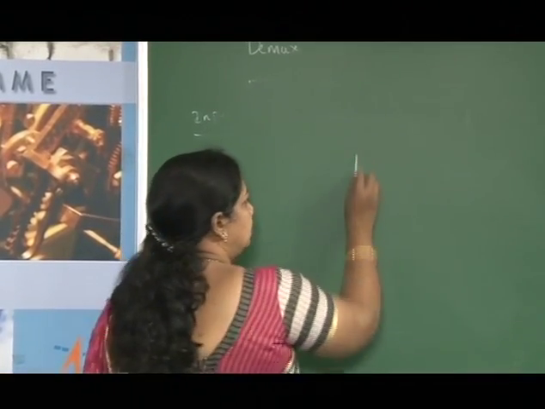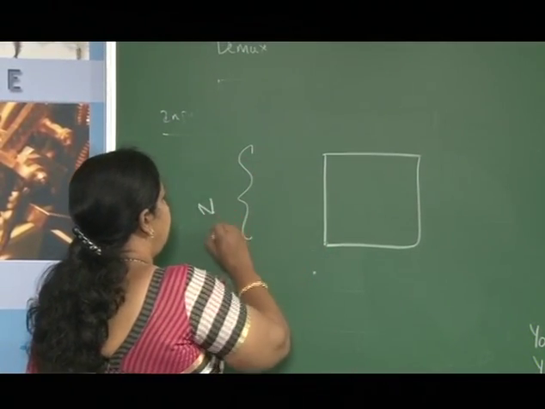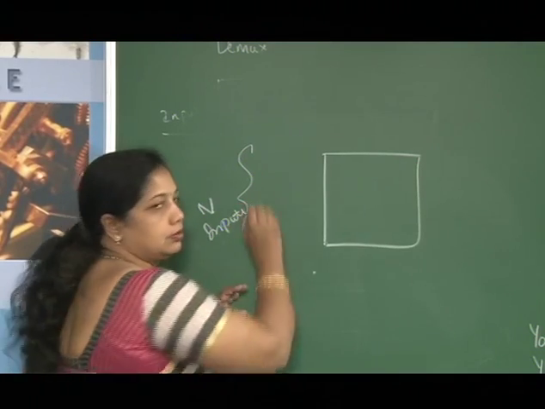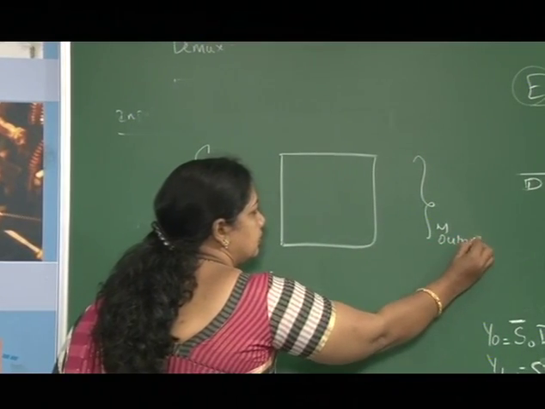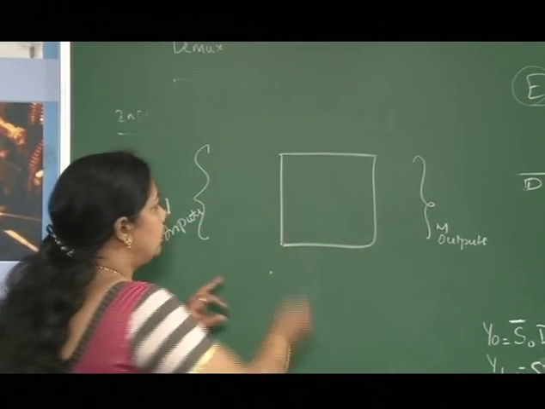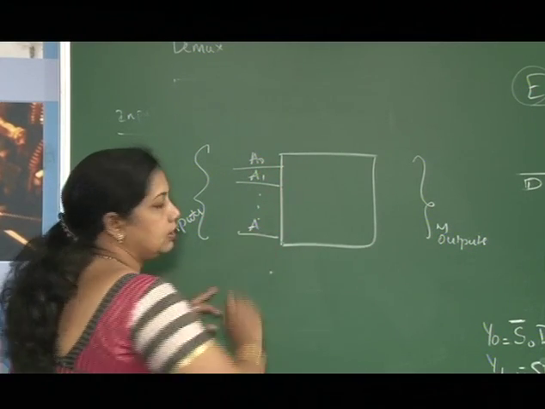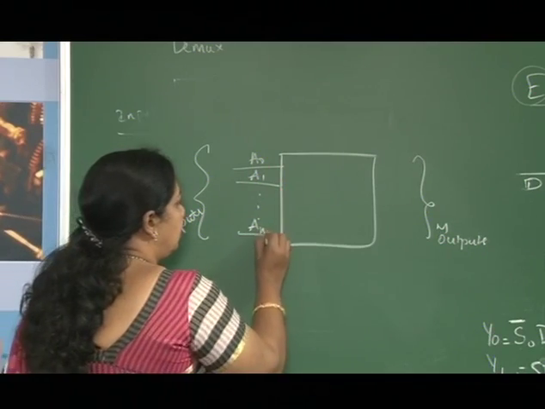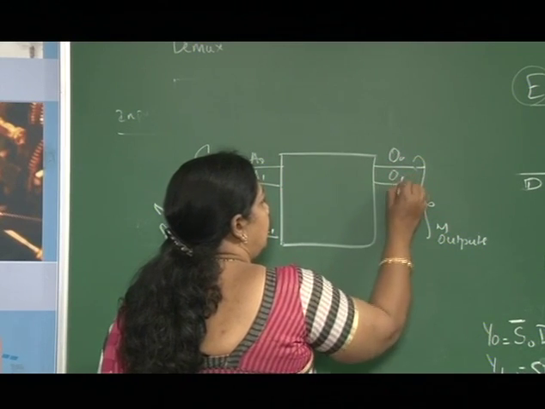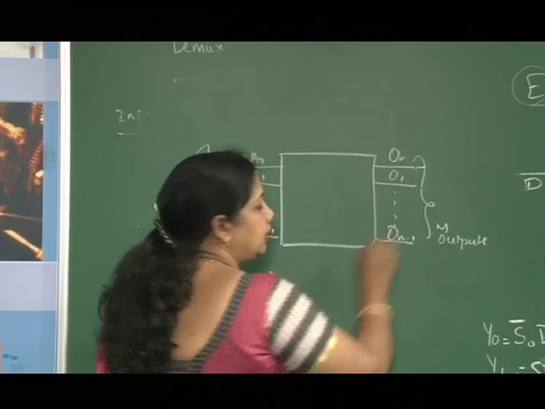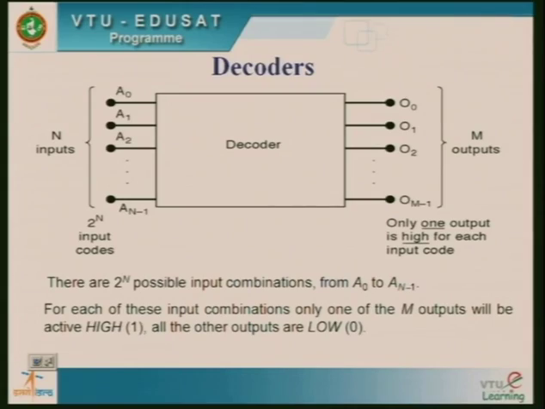So in the decoder, as I said, we will have n inputs and we have m outputs. Let me designate the inputs as A0 till A n minus 1, and the outputs as O0, O1, up to O m minus 1. So this is the decoder.